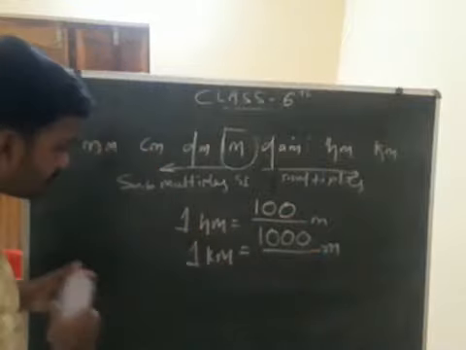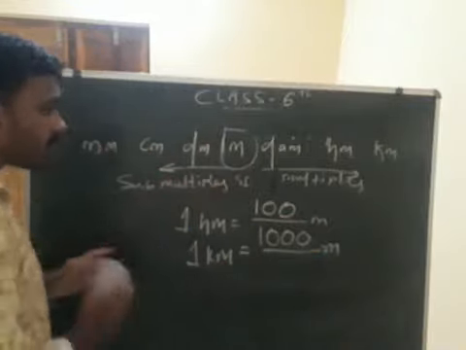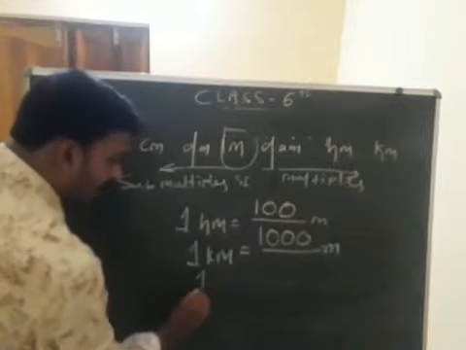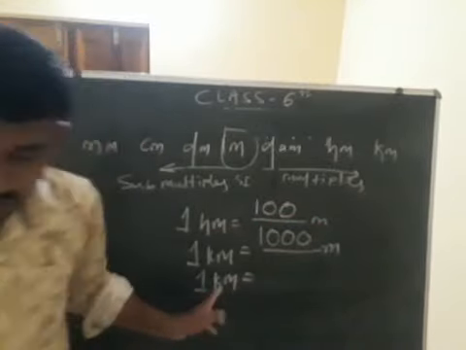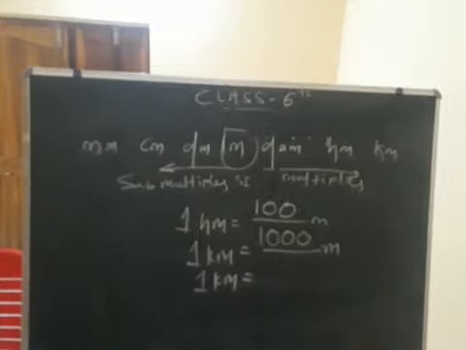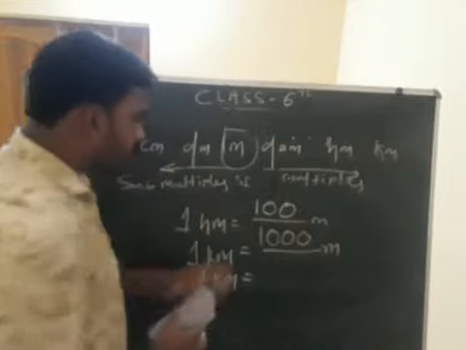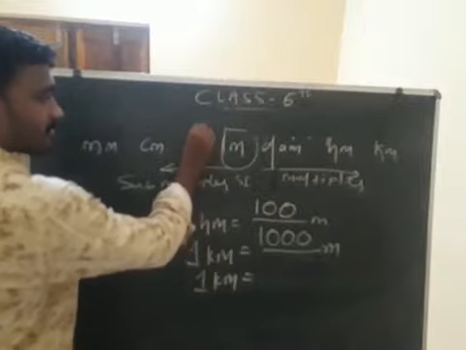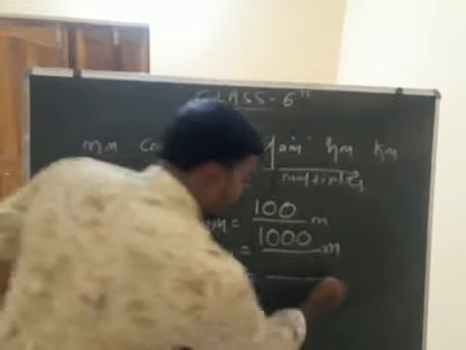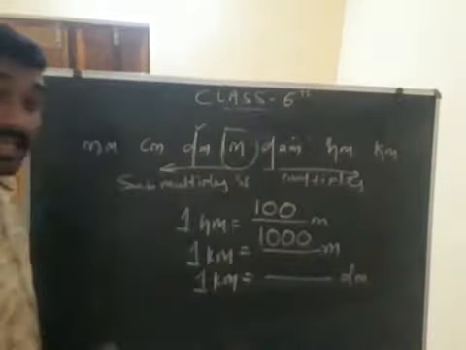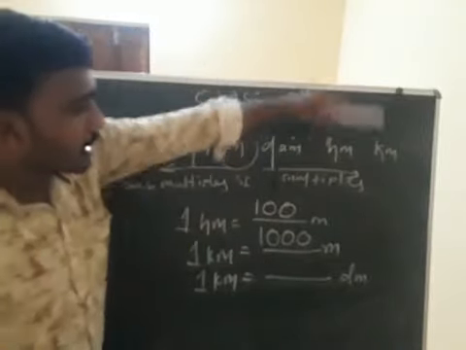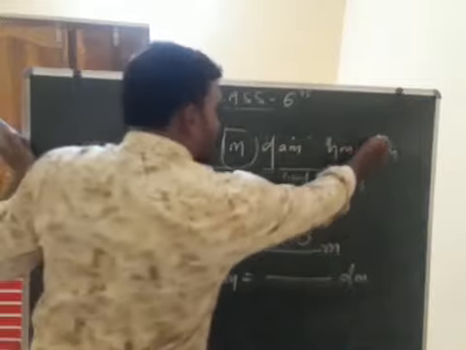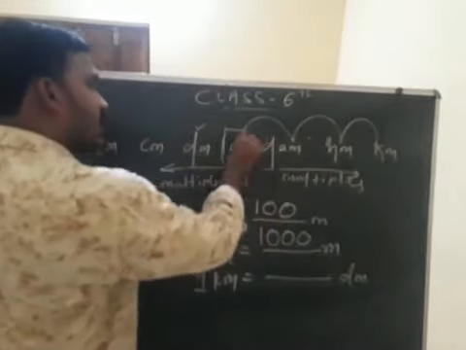Clear or not? Now we will do just the reverse. For example, 1 kilometer is equal to decimeter, suppose. Is it visible or not? Yes, visible. Dm means decimeter. Now kilometer to hectometer, 1, 2, 3, 4.